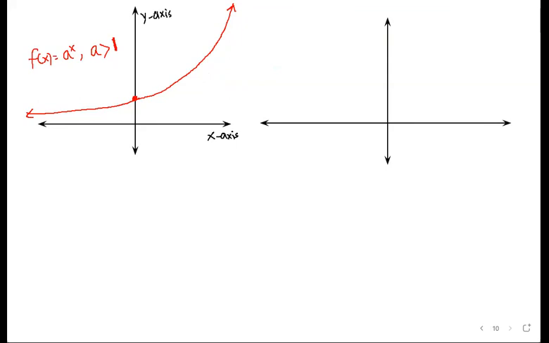The graph here passes through the point 0 and 1 again, and will be something like that.